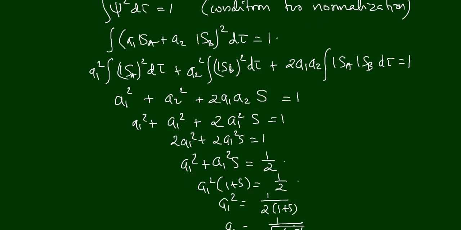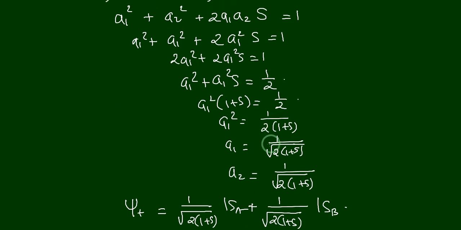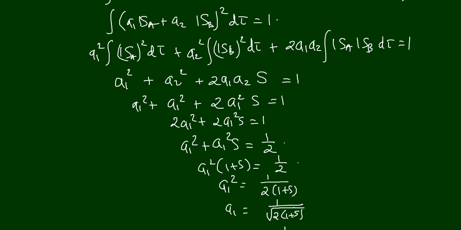Then we took that equation where we got A1 is equal to 1 by root 2 into 1 plus S, and just because we substituted there, A1 square is equal to A2 square. So here we have a small difference. Up to here we have everything okay. Then we reach A1 square plus A2 square plus 2A1 A2 into S is equal to 1. Up to here it is okay.